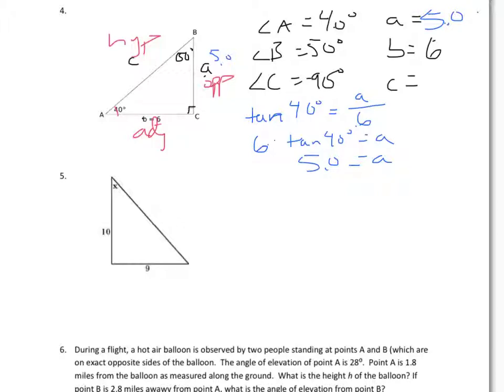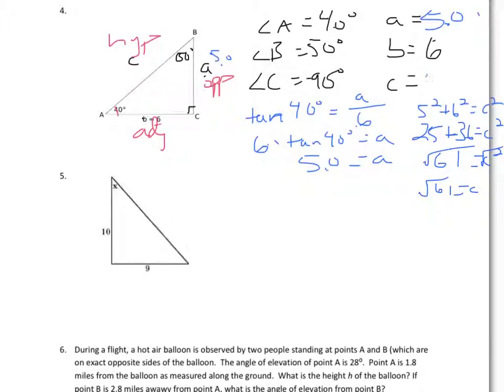So to do Pythagorean theorem, we're just going to use 5 squared plus 6 squared equals C squared. 5 squared is 25. 6 squared is 36. Okay, so C squared is equal to 61. And square root both sides to get C equals the square root of 61.